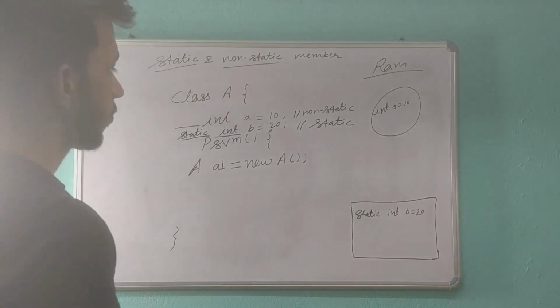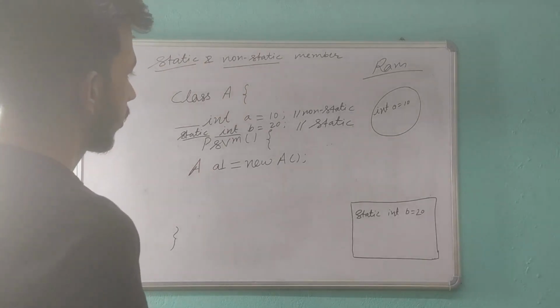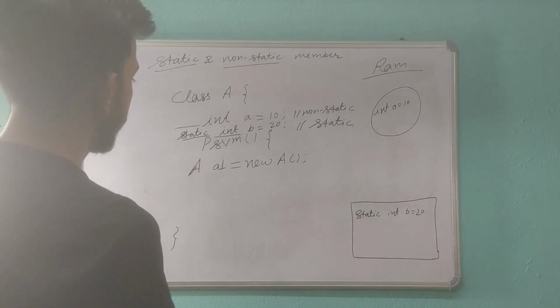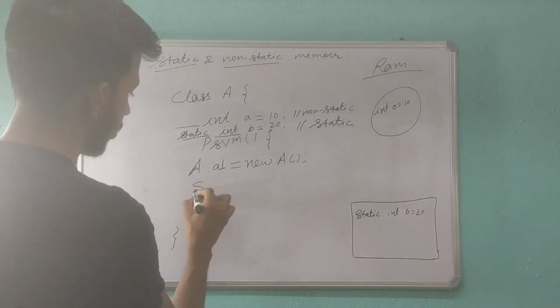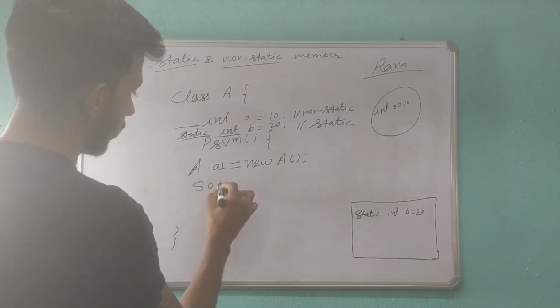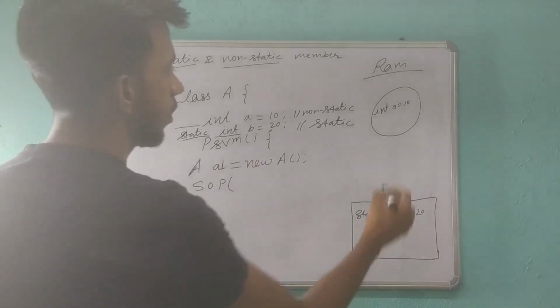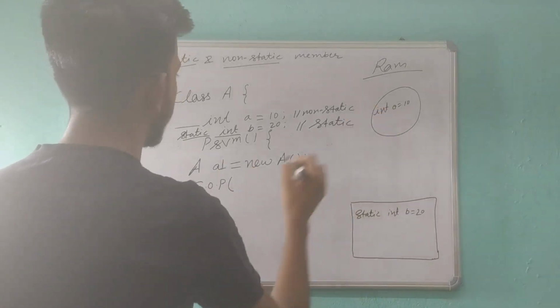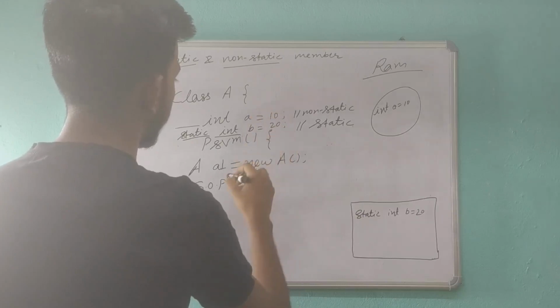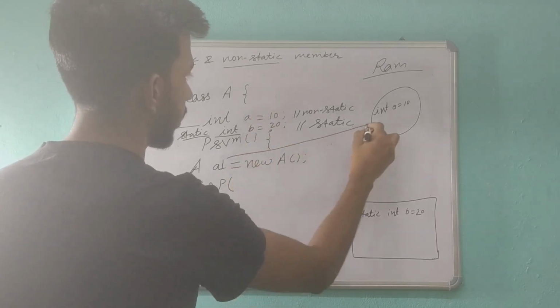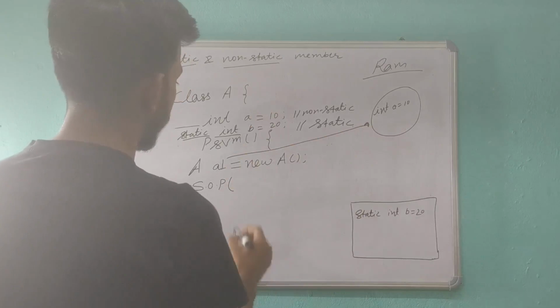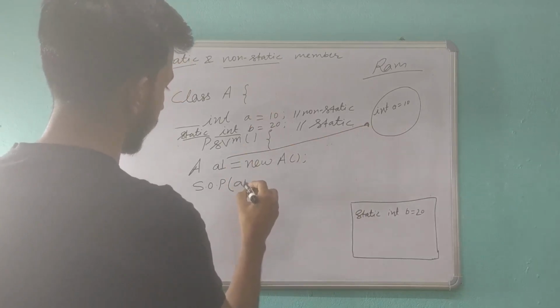To access non-static members, we have to write the print statement, System.out.println, and then firstly we have to locate this object. A1 is referring to the object, so we have to write A1.